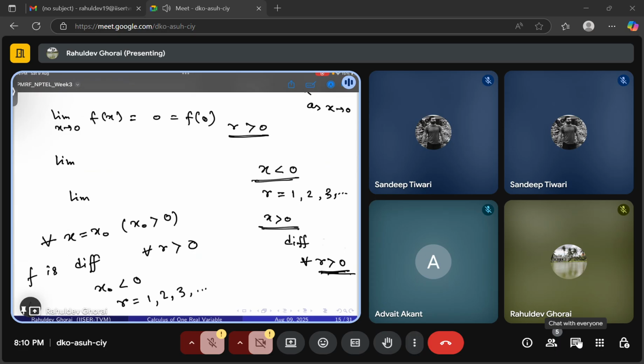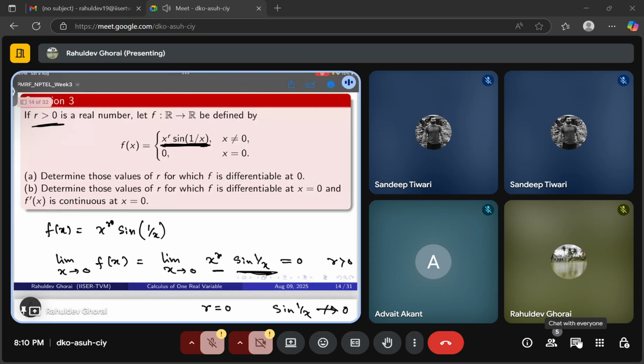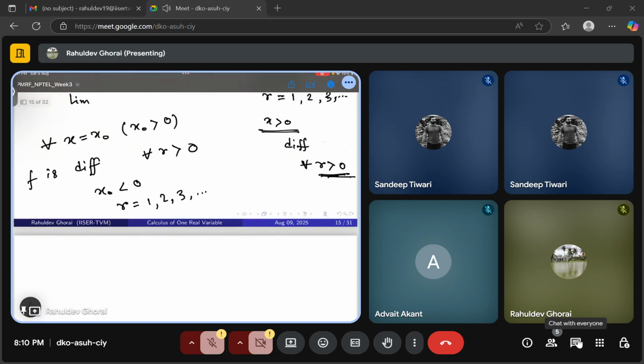But now come to the question, where they only ask for which r the function will be differentiable at 0. So you don't need to bother about all other points, because you are asking about all values of r for which the function will be differentiable at 0 only. So you don't need to bother about x equal to x naught, whether greater than 0 or less than 0. X naught is equal to 0 for our case.